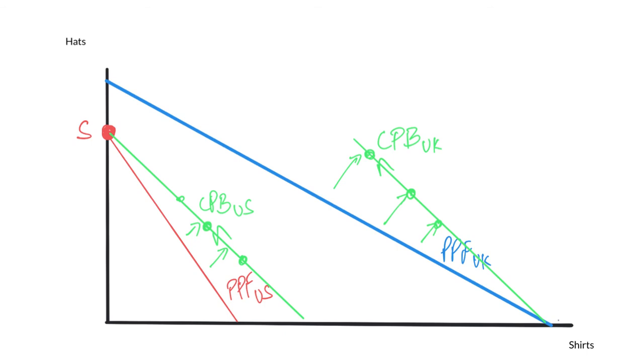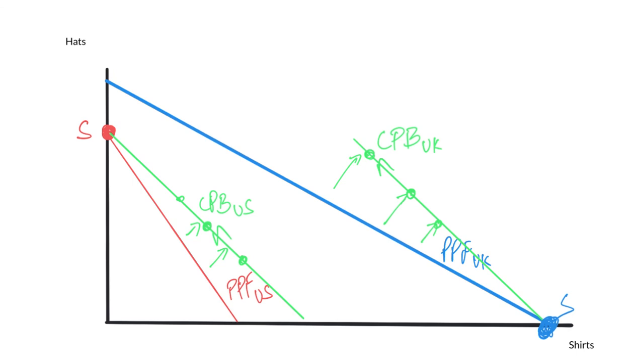Britain has specialized down here, put a big S by it, specialize, and then they trade on the green line, and that means that British consumers can consume beyond their production possibility.